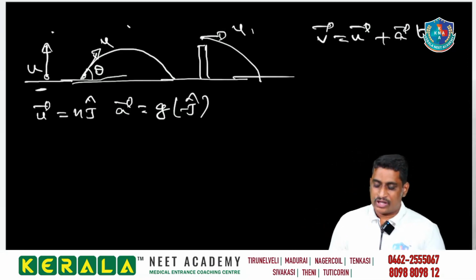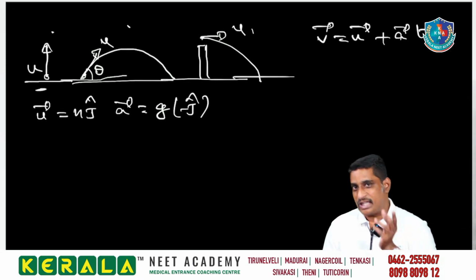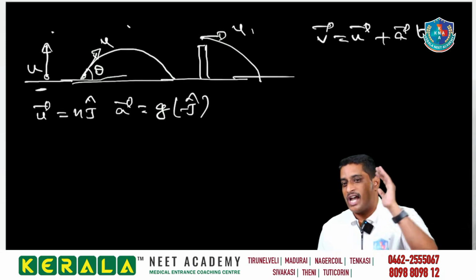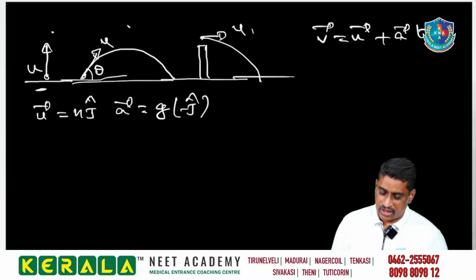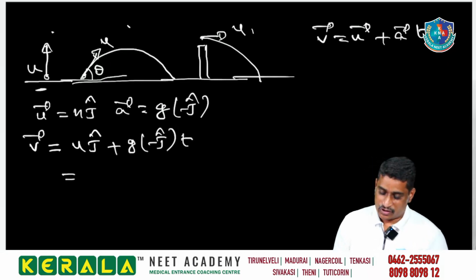Using these unit vectors, let us find the final velocity of these particles in the three cases after time t. In the first case, the final velocity after time t is given by ū = u ĵ plus ā = g(−ĵ) times t. Therefore, v̄ = (u − gt)ĵ.